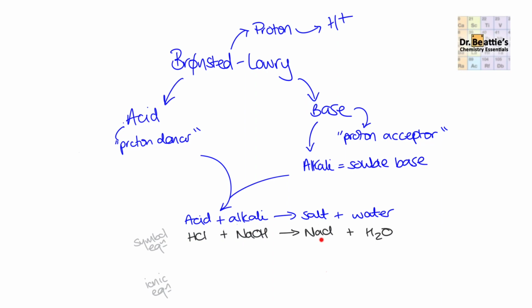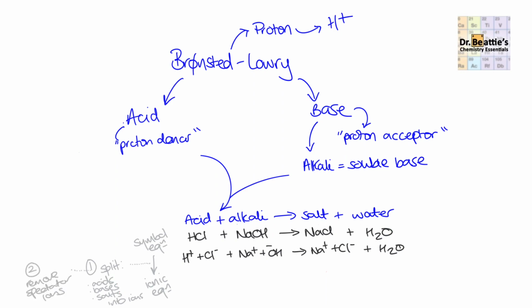And we also need to split any salts. So I'm going to split the HCl and the sodium hydroxide into their ions. And then because sodium chloride is a salt, I need to split that up. But water I don't need to split because it's neither an acid, a base, an alkali, or a salt.